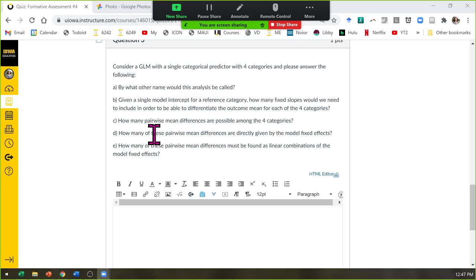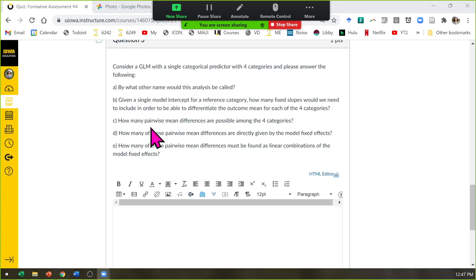So how many of those are going to be given by the model directly, and how many of those need to be found as linear combinations? So there was less certainty on these last 2. Yeah, the answer is the same for each. There's 3 direct and 3 indirect. Now where did that come from? Well, because you already answered correctly how many slopes we need.